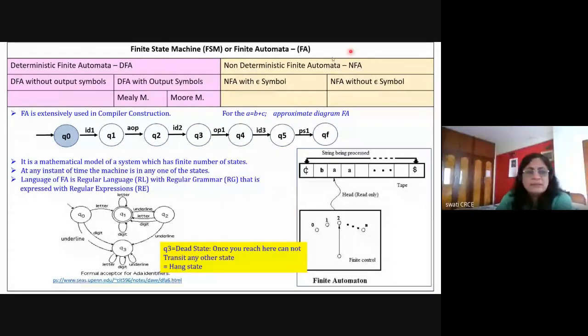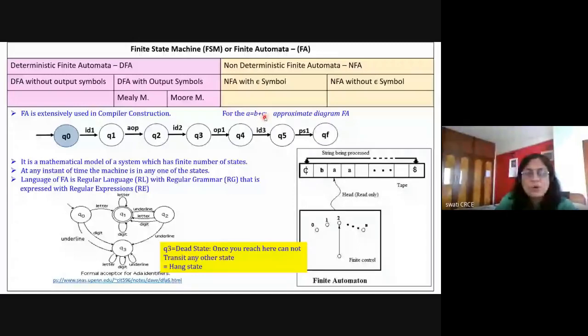Because finite automata is extensively used in compiler construction. For example, you may have the statement A is equal to B plus C and semicolon. When this statement is given to the compiler, it identifies that small a is ID1, an identifier. Then equal to is the assignment operator. It identifies B as a second identifier and C as a third identifier.